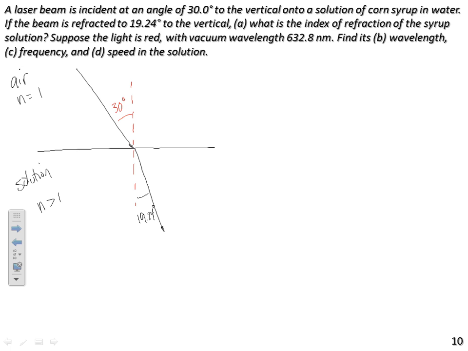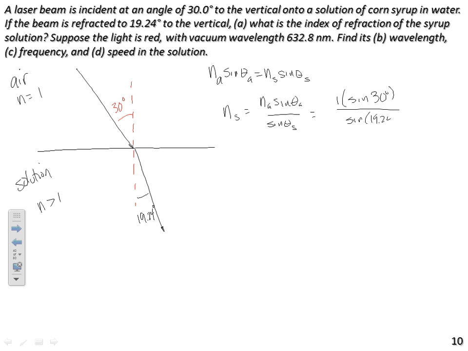All right, we want to find the index of refraction of the solution here. So that means I'm going to write it as n air sine theta air is n solution sine theta solution. We're looking for n solution. So n solution is n air sine theta air over sine theta solution. And that's just 1 times the sine of 30 divided by the sine of 19.24.